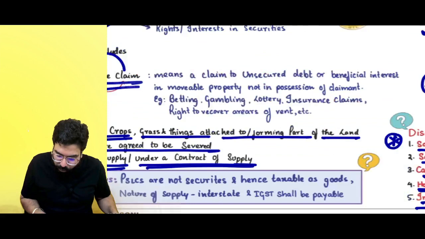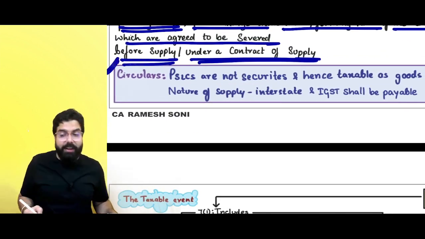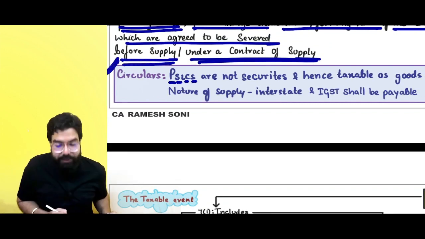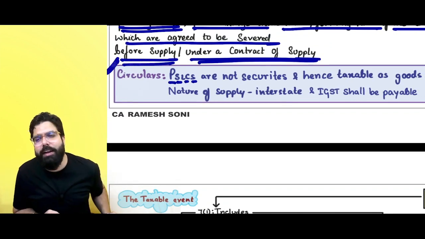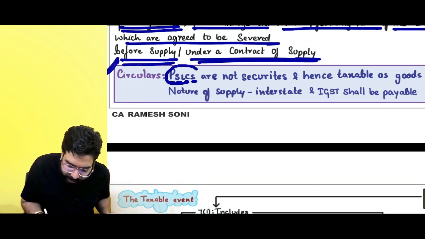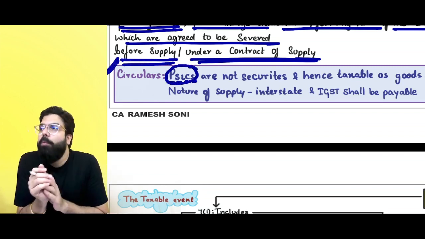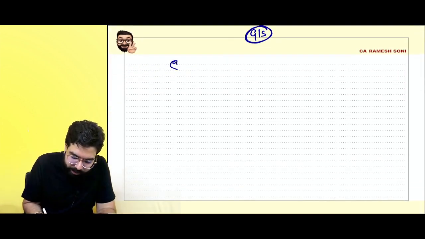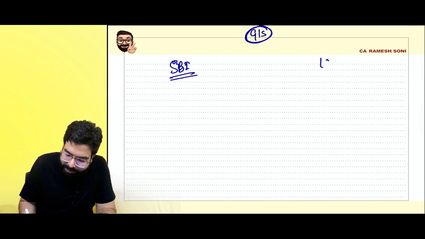Here I will stop our second chart. One important point: there is a circular on priority sector lending certificates, which are securities. Suppose there are two banks, State Bank of India and ICICI Bank.